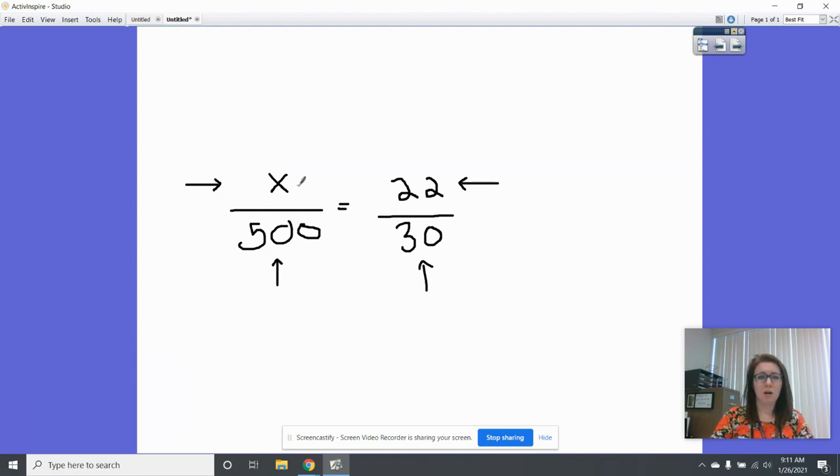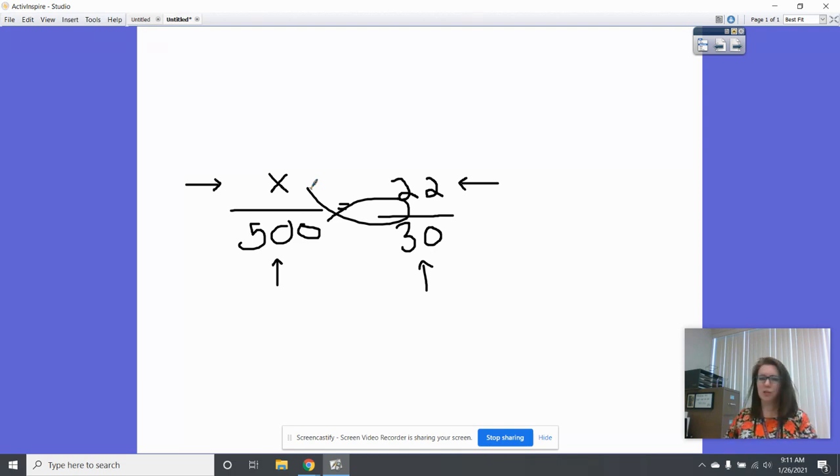Now, I'm just going to solve this proportion. A couple ways to solve it. You could cross multiply. You could solve like an equation and just multiply both sides by 500. I particularly like the fish method, where you multiply and then divide, and that gives you your answer.